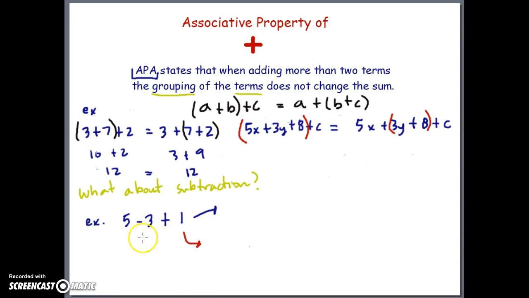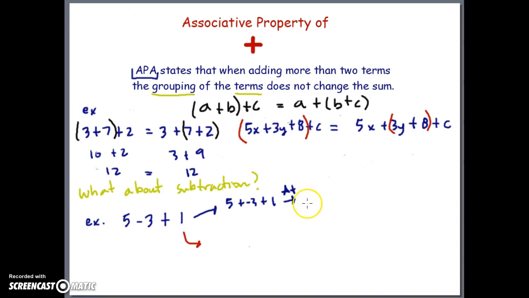The good example would be to turn the subtraction into addition. If we turn this into addition, we get 5 plus negative 3 plus 1. And now this is the same exact thing, adding these from left to right, as using the associative property of addition.